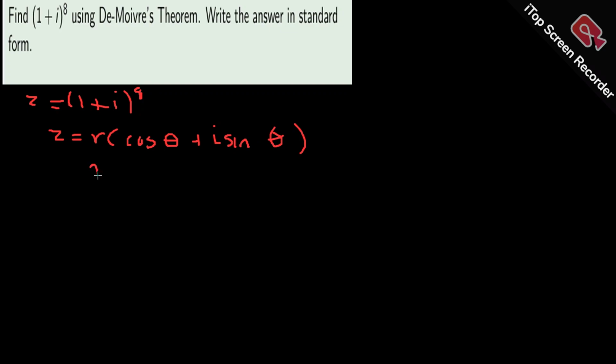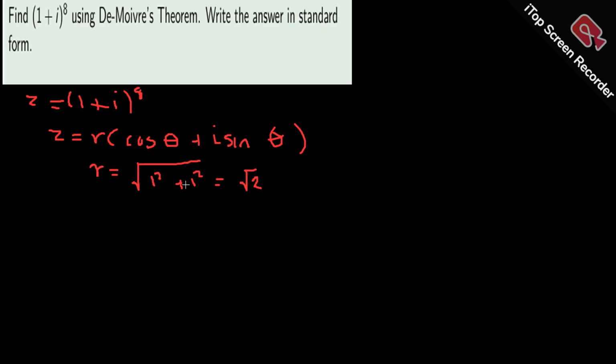Finding the modulus is very simple. We square the real and the imaginary parts, then we square root everything. So it's going to be 1 squared plus 1 squared, and this is going to give us root of 2.